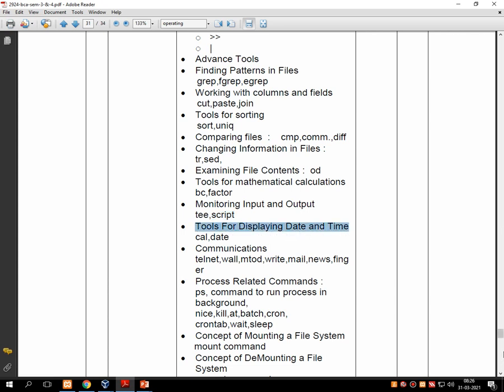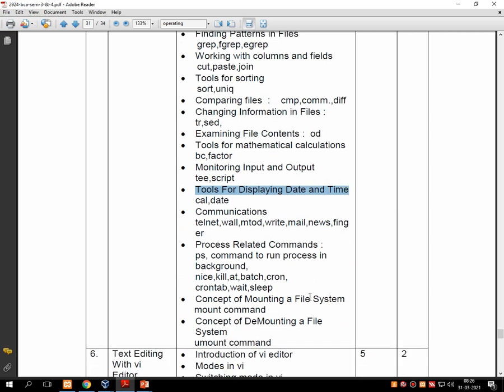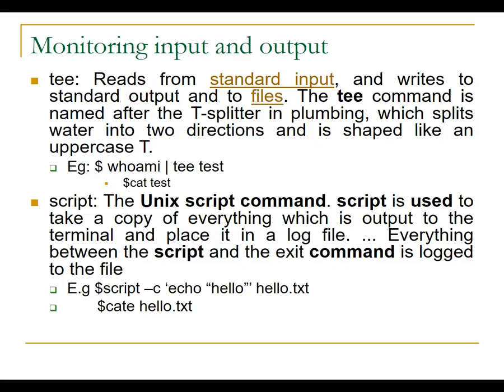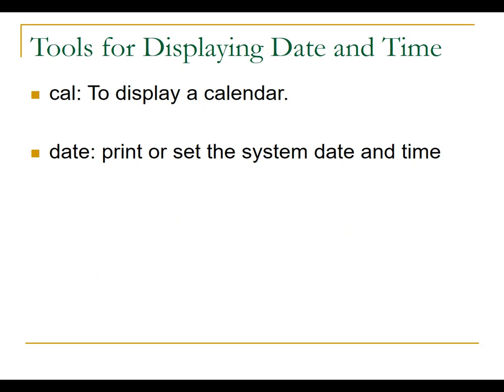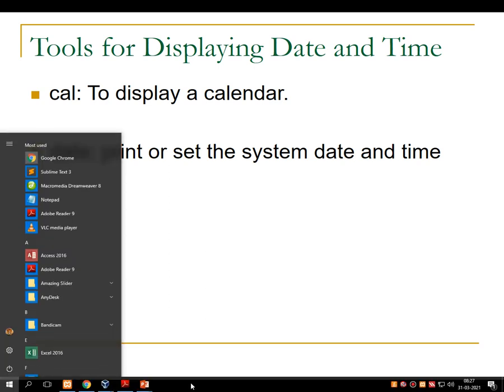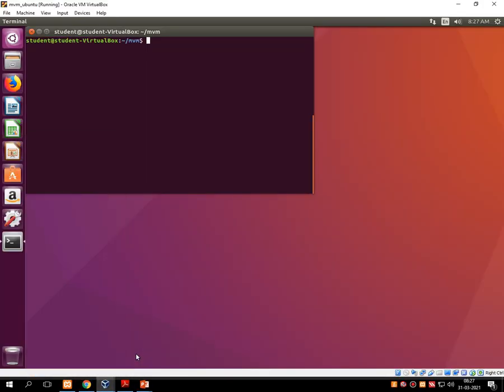Next group of commands is related to date and time. Two functions are there, that is cal and date. Let's see the theoretical part. Cal is used to display the calendar onto the screen, and date is to print the system date and time onto the screen. So let's perform these commands.